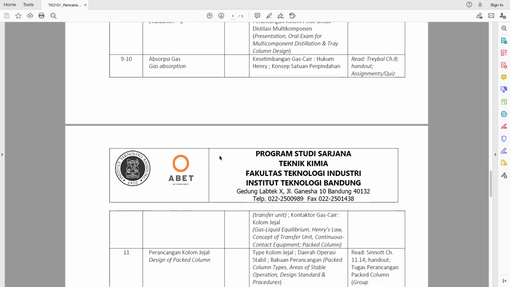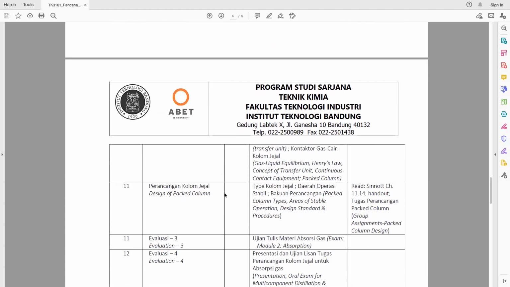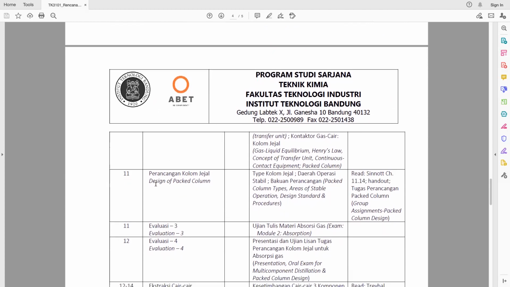And then there should be some calculation, and also packing as well, the designing as well, for packed column. I will explain to you what is the difference between tray and packed column later on, yeah? And then there should be one evaluation again, evaluation number 3, which is the exam of absorption.